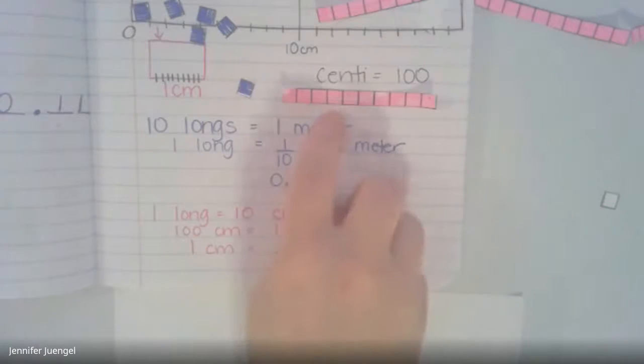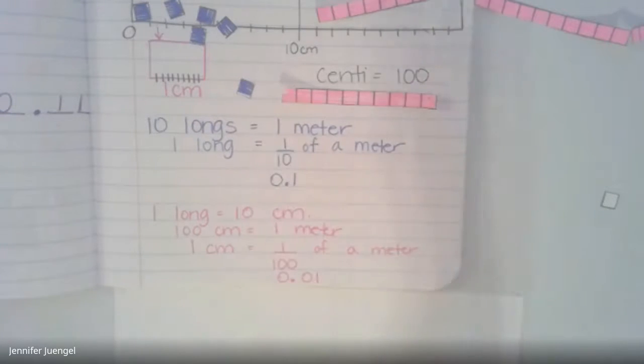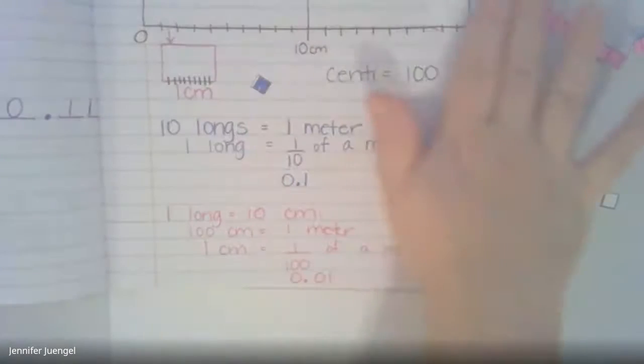So each long is 1/10 of a meter. So we can use what we already know about converting within base 10 to do the work of converting between meters as well. So if we look on journal page 95, you're going to see a chart that looks like this.